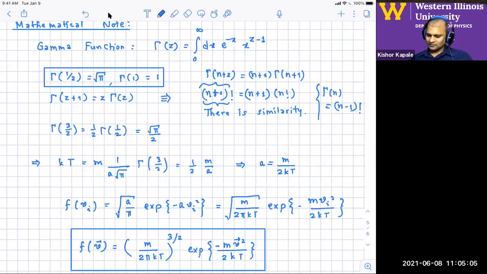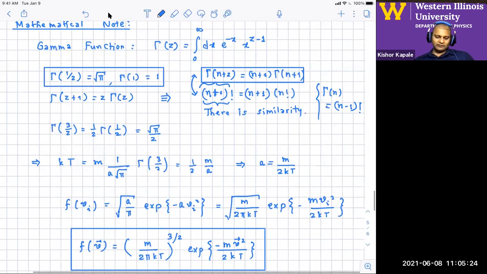That's the corresponding factorial relation with what I wrote down here. These two things are completely identical. And that's the relation between gamma of n and n-1 factorial.